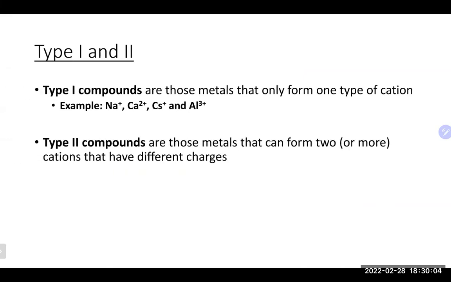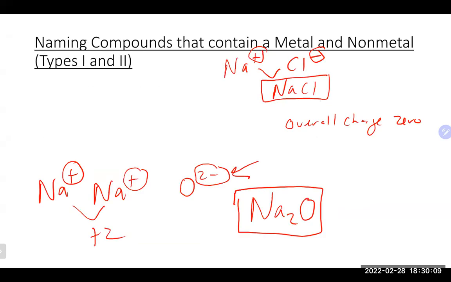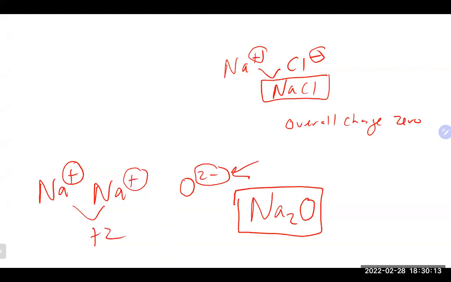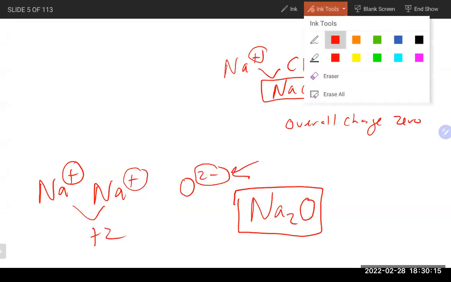So let's talk a little bit about, first off, how we name some of these ions before we get into that. Let's go back here real quick. So when we have ions that are cations, and these are our positive ions, if we just had the ion by itself, we can name it simply by using the whole name of the element. So if we had the H plus ion, that would be the hydrogen ion.